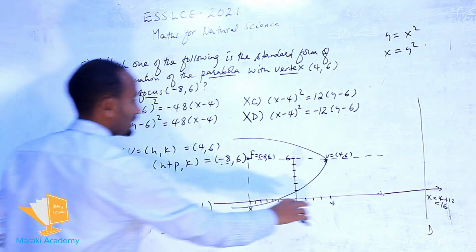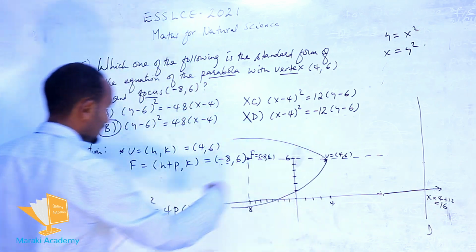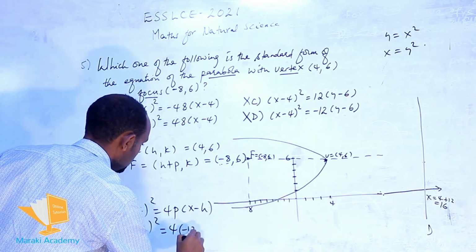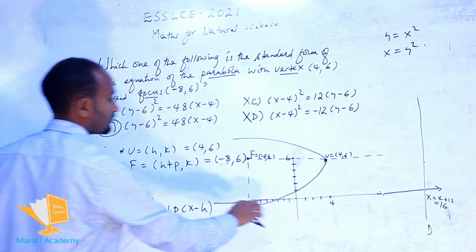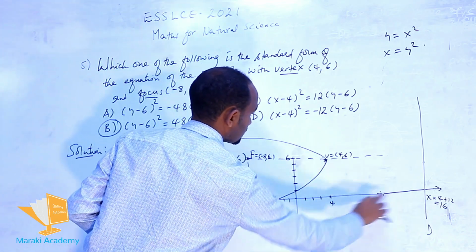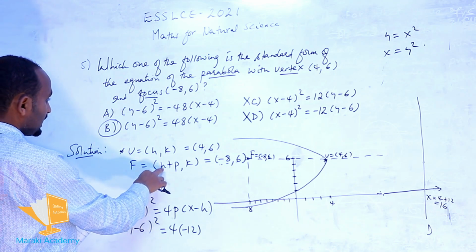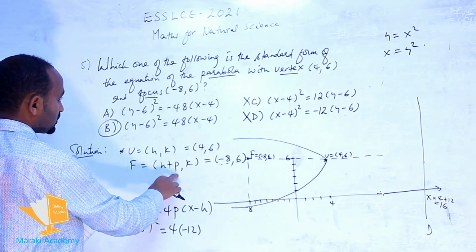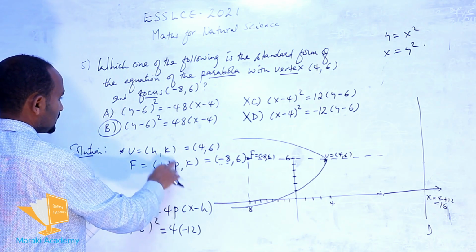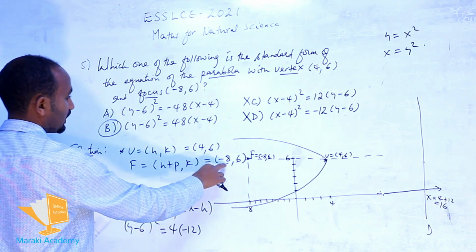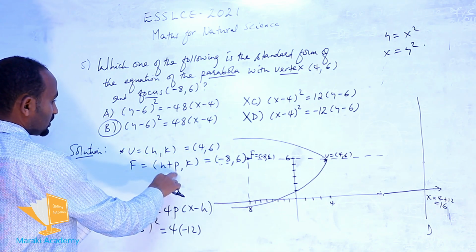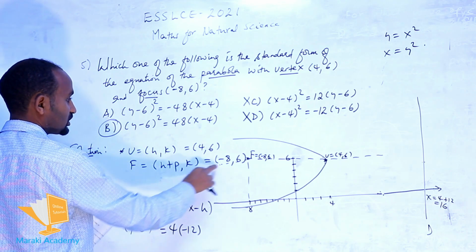So in this case, we take the negative because it's in the negative direction. So it's minus 12, okay? 4 minus 16, that means 4 minus 16. Or as I said, h plus p is the focus point, which is minus 8. So h plus p, h is 4.